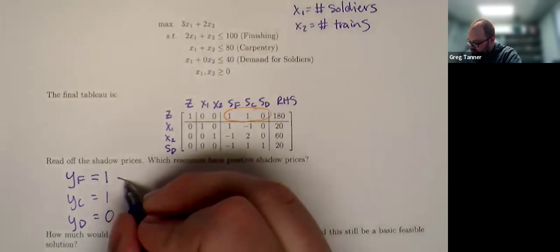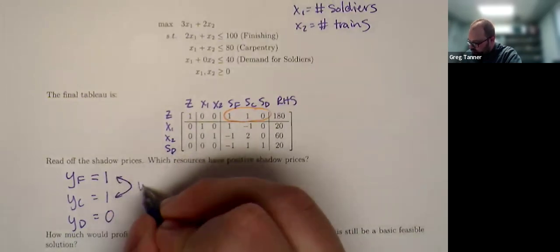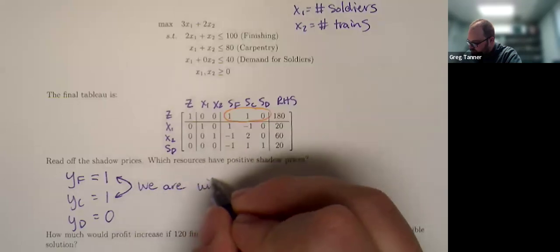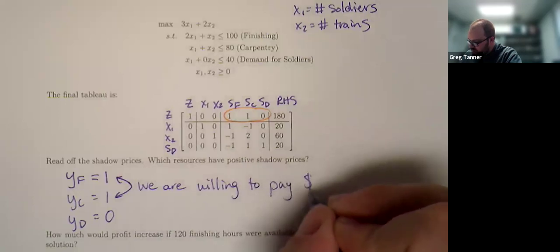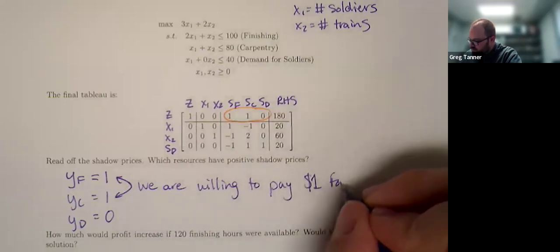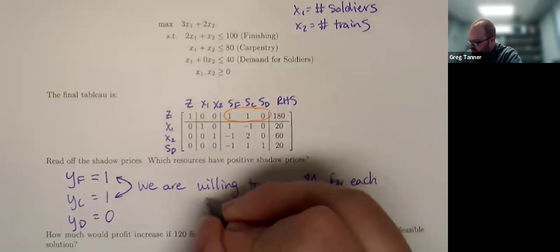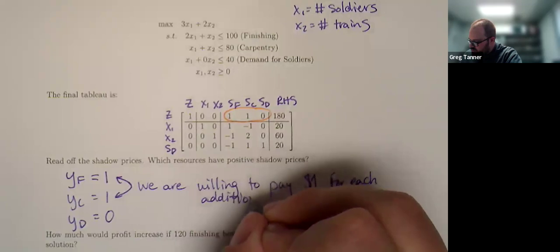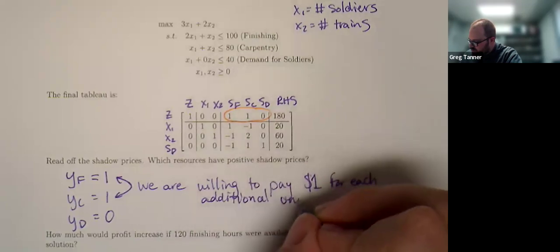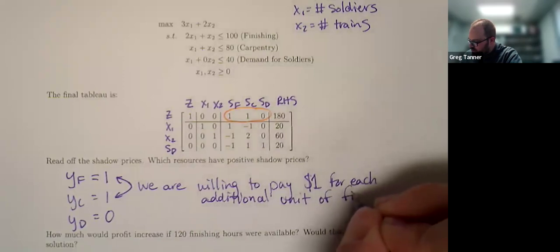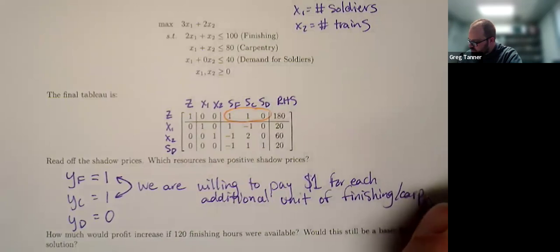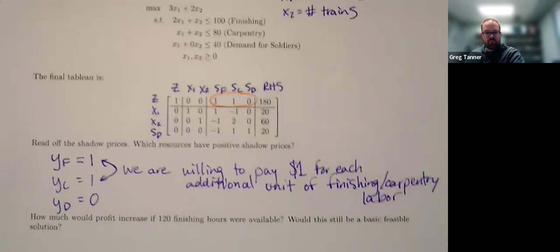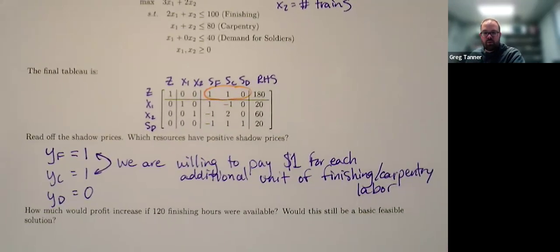In this case, because both of these are 1, we are willing to pay $1 for each additional unit of finishing or carpentry labor, a dollar above and beyond what we're already paying.